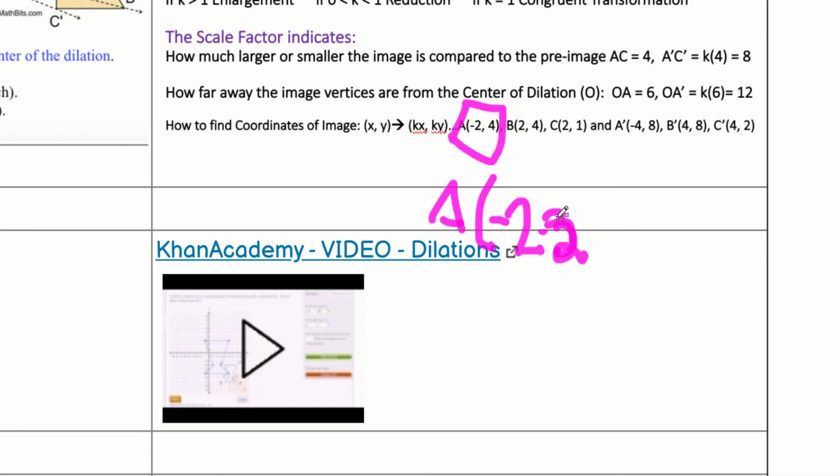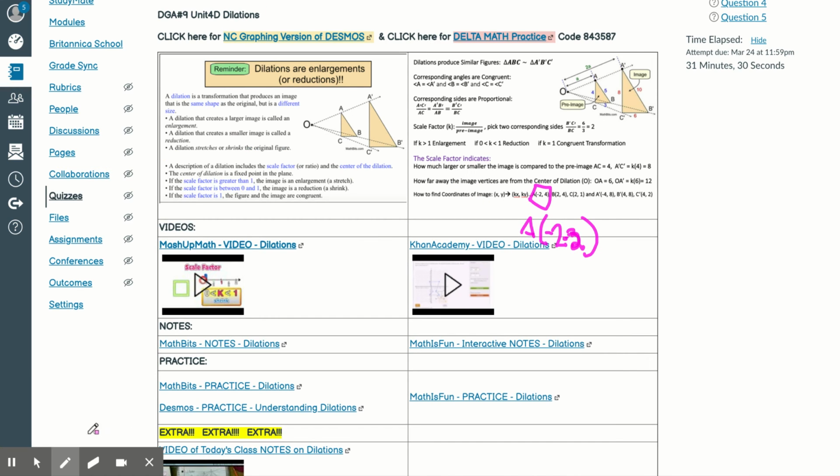Times, that's multiplication. And then you do the same thing with the X value and the Y value. All right, so -2 times the scale factor of 2, that'll be your new X. And then 4, which is the Y value right there, times the scale factor of 2. And you do the math, and that's how you get your B prime in this case. That'd be -2 times 2 is -4. 4 times 2 is 8.